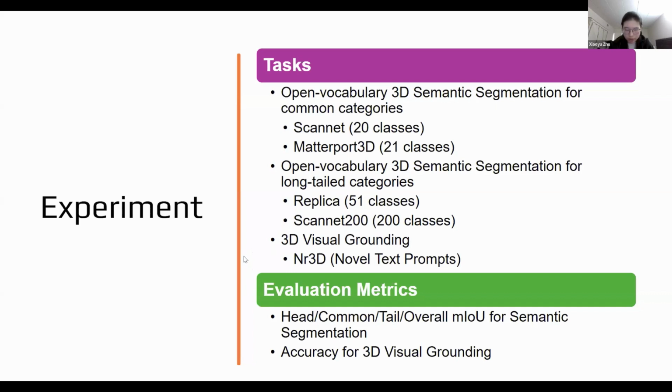And for the evaluation metrics, we report the head, common, tail, and the overall mean intersection over union for the semantic segmentation. It's mainly for the long-tailed categories, because for the common categories, all of them belong to the head class. And the second one is the accuracy for the 3D visual grounding task.